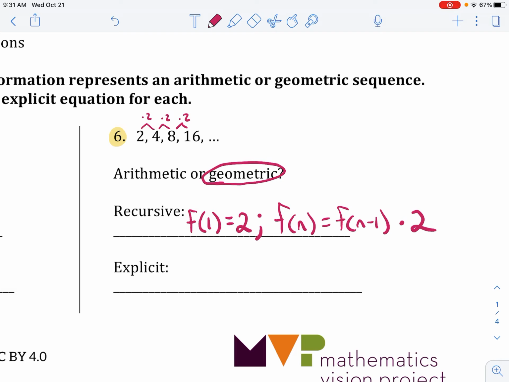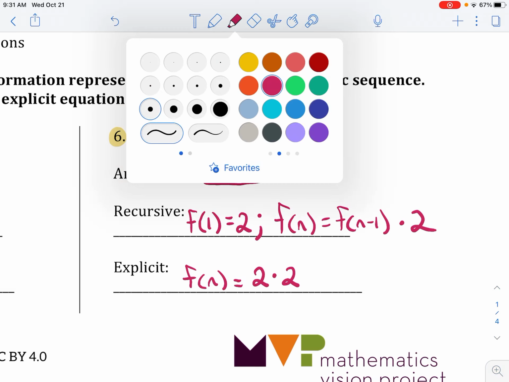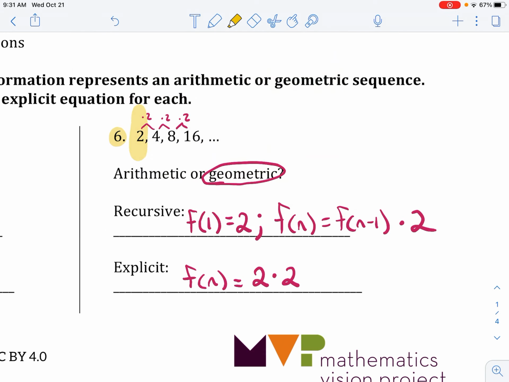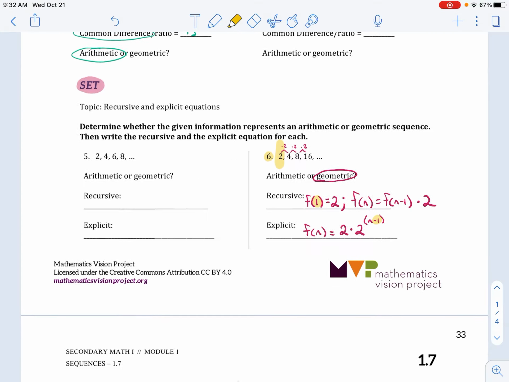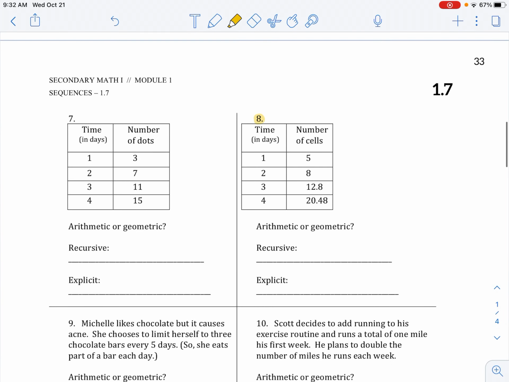My explicit equation would be f of n equals my start value 2 times my action 2, and the number of times, because I started with term 1, it's going to be the power of n minus 1. We're subtracting 1 because we started with term 1. All right, we're going to do a couple problems because they look a little different.